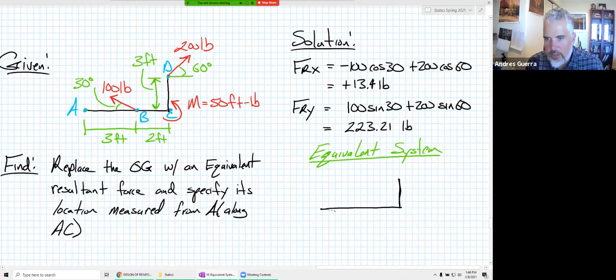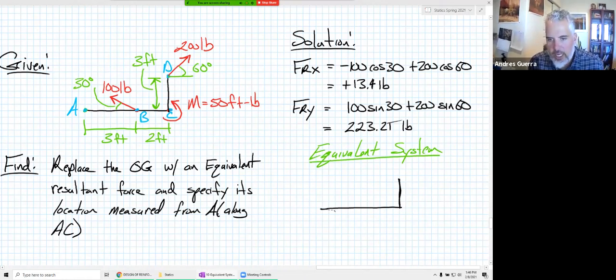So there's our rigid object. What they're telling us is to replace all that stuff with just an equivalent resultant force. Now we know where the equivalent resultant force is going, right? It's going in the positive X and it's going in the positive Y. And actually, I'm going to leave it in those X and Y components, because when we take moments, we're going to want to know those X and Y components anyways.